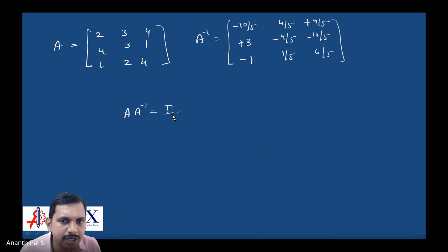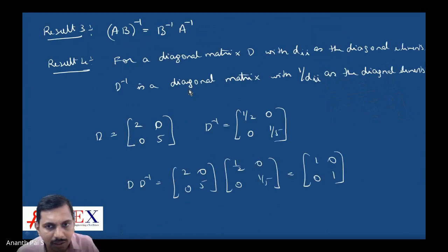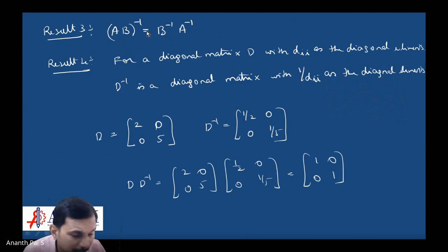So A into A inverse. For example, this is the inverse I said. So if you multiply A into A inverse, you will get only identity matrix I. You can do it and see. Now, inverse of AB is equal to B inverse into A inverse. This is a very, very important thing you forget sometimes. Inverse of AB is B inverse into A inverse.